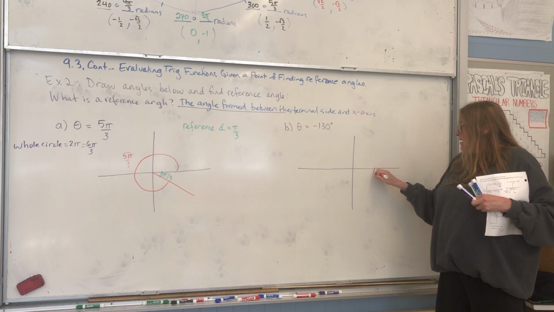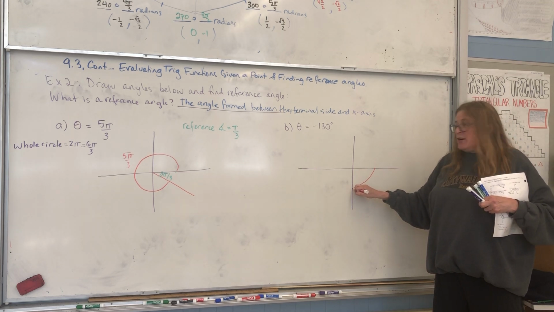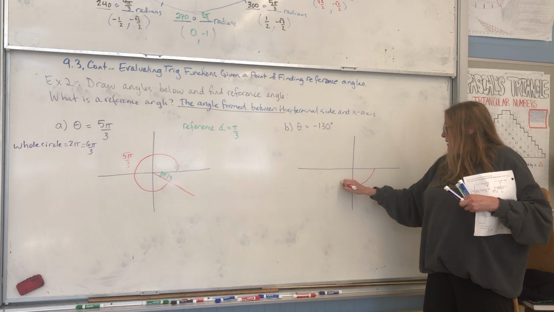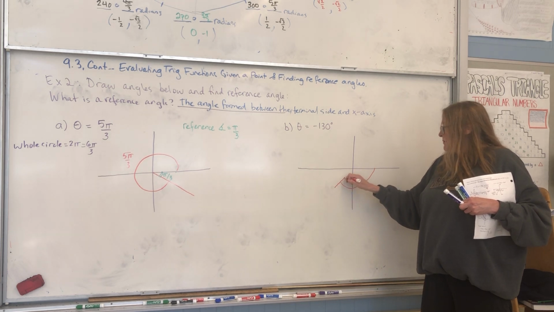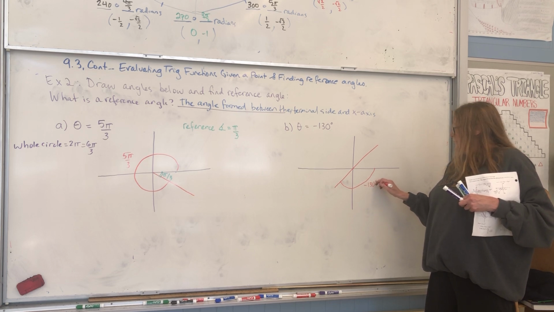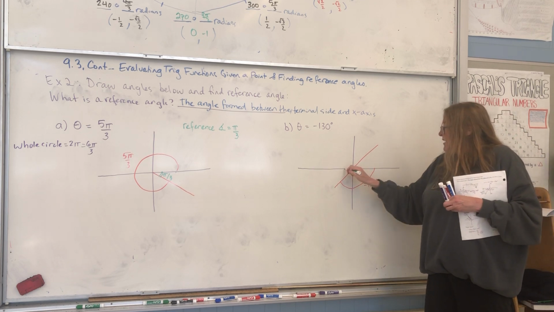So this is 90, and then how much further do I have to go? I have to go an extra 40. So now I've gone there. This is negative 130 degrees.